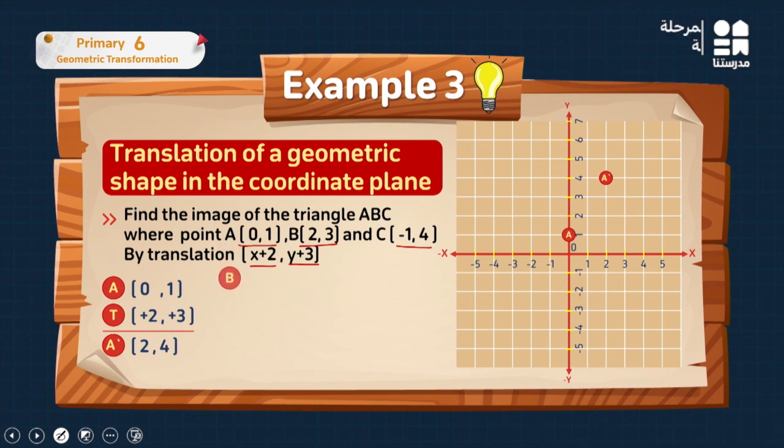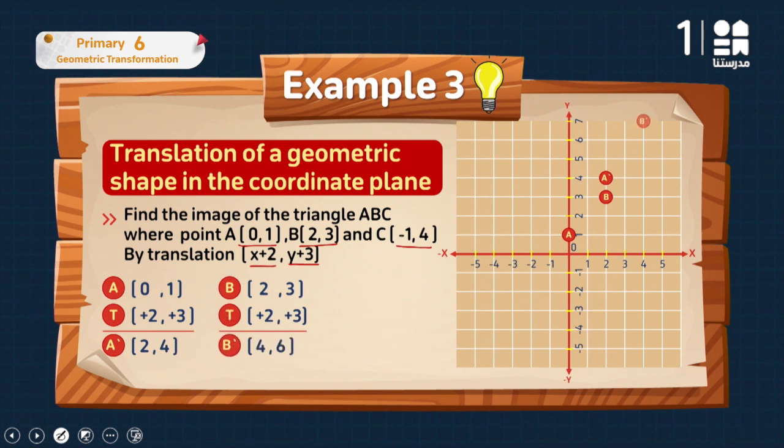Let's see B. 2 and 3. I will going to add the translation 2 and 3. So when I add the translation to my point, I will going to have 6 and 4. So B dash, the image, it will be 4 in X and 6 in Y.